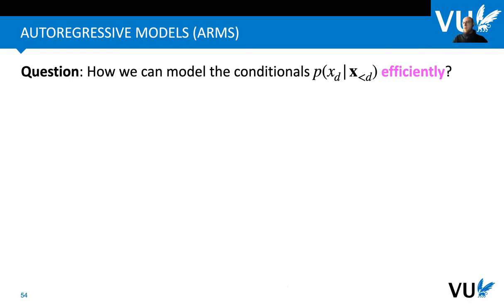So the first approach would be super naive. We train all of these conditionals separately. But if you think about it, if we have, let's say, big D pixels, we'd require big D models. And each model would have increasing complexity because each model would be dependent on everything before.